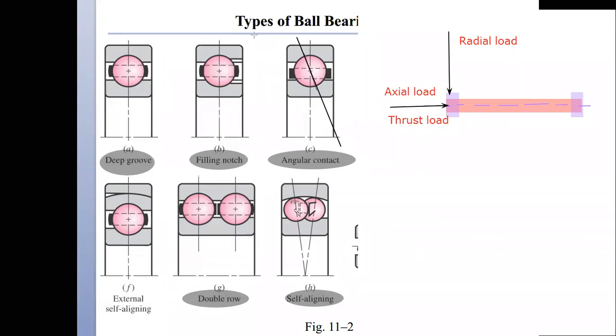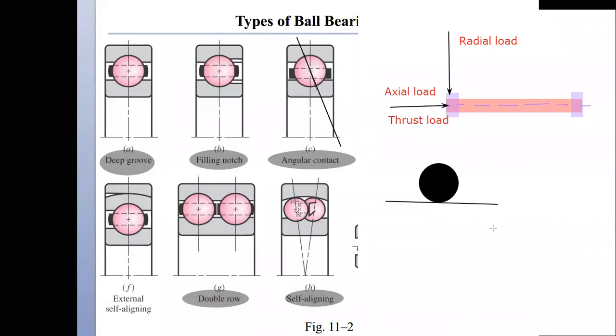I'll just let you know that in ball bearings, if you look at the contact, let's say I have a sphere and I have a line in here, what will be the contact between the sphere and the line? What kind of contact will it be?